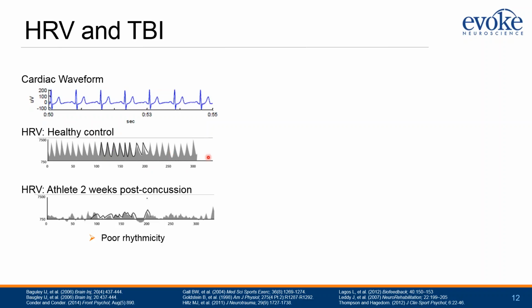All right, so now let's look at some differences between our healthy control and our post-concussion athlete. The first thing I'm noticing is that there's poor rhythmicity for our athlete. They don't have this wave that goes up and down very regularly, which would show a high heart rate variability. Instead, our athlete doesn't really have any consistent rhythm. It's very jagged.